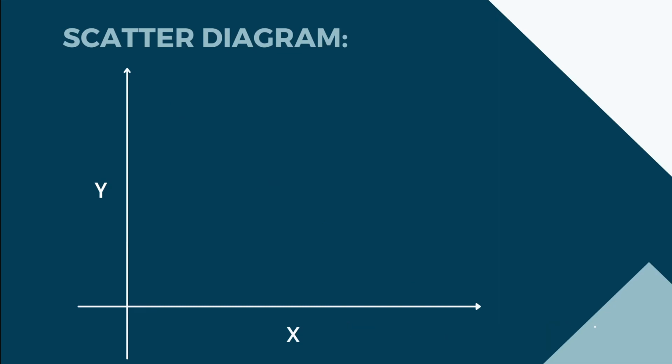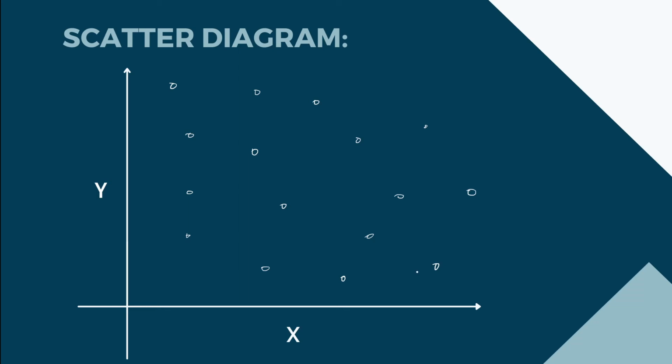Further, sometimes we observe the scatterness of points like this, meaning from the scatterness of points we cannot determine any pattern.